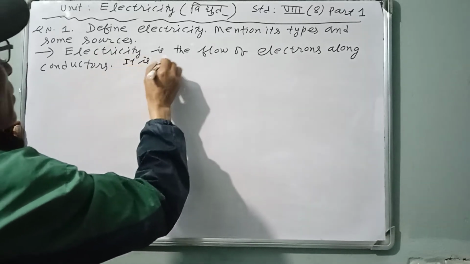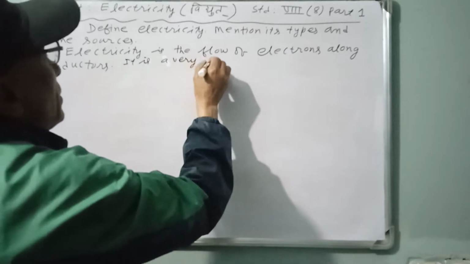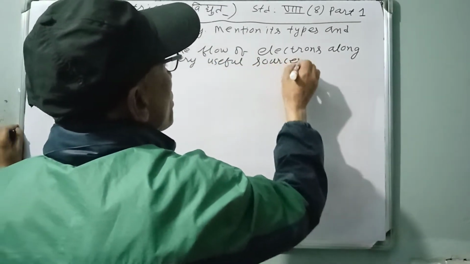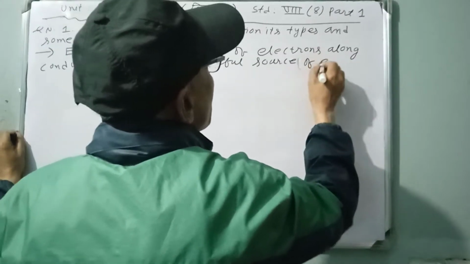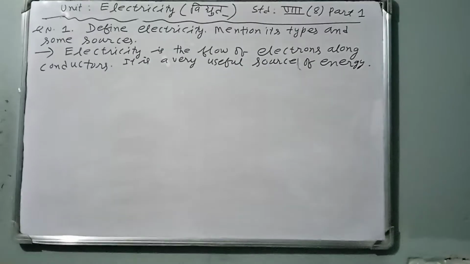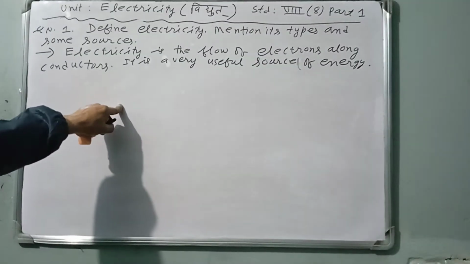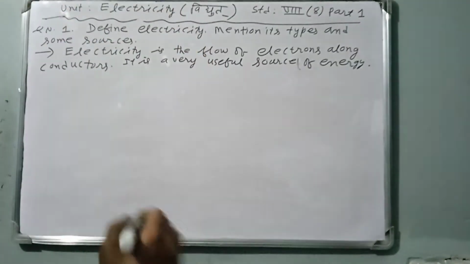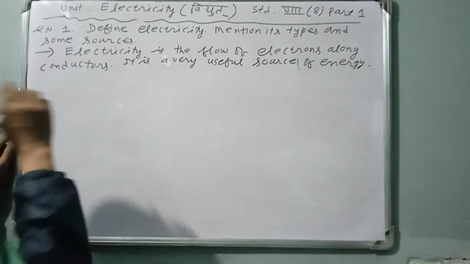It is a very useful source of energy, especially in the modern electronic age. It is called the modern or advanced electronic age. So, without electricity, no progress. Remember, mention its types.